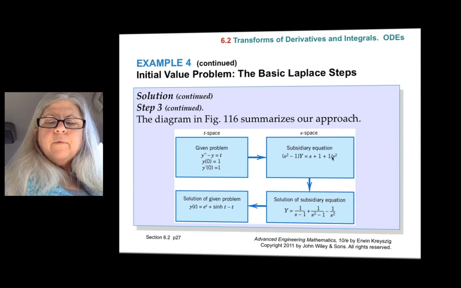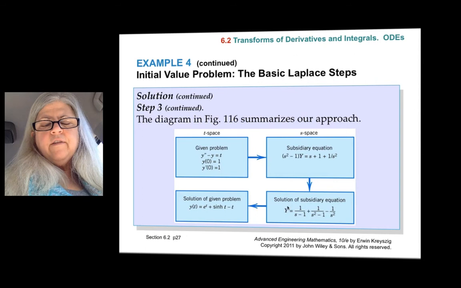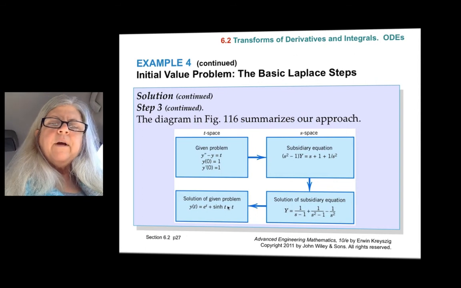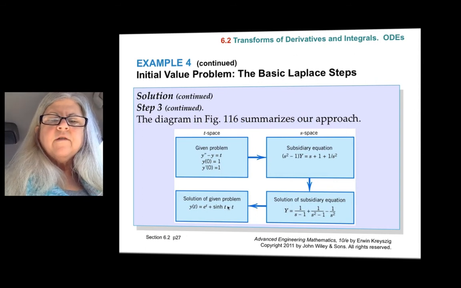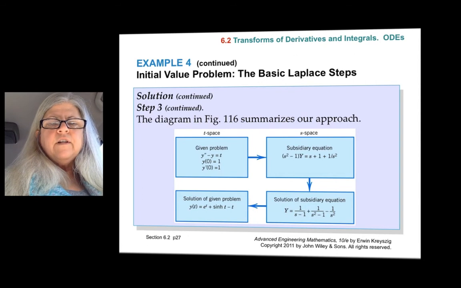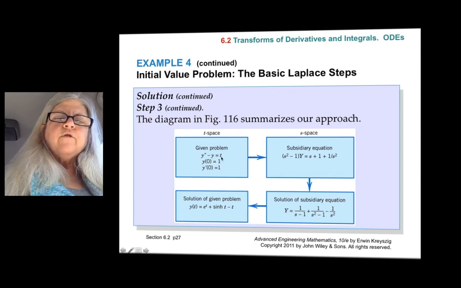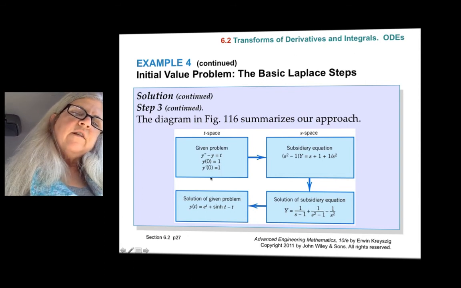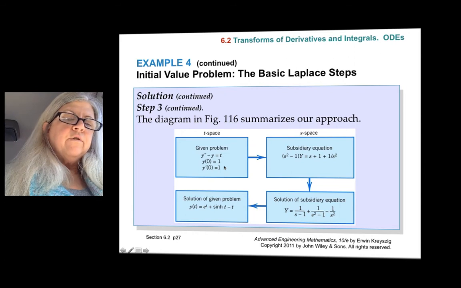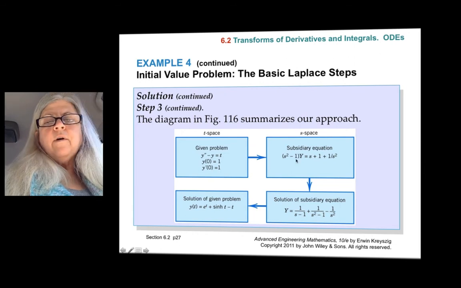We then solve algebraically the subsidiary equation, and then we take the inverse transform to get back to the time domain space. So even though it seems like we're adding extra steps, if we were to try to solve this differential equation as is, that would be a difficult differential equation to solve. So it actually turns out to be easier in this case to solve that in the Laplace domain.